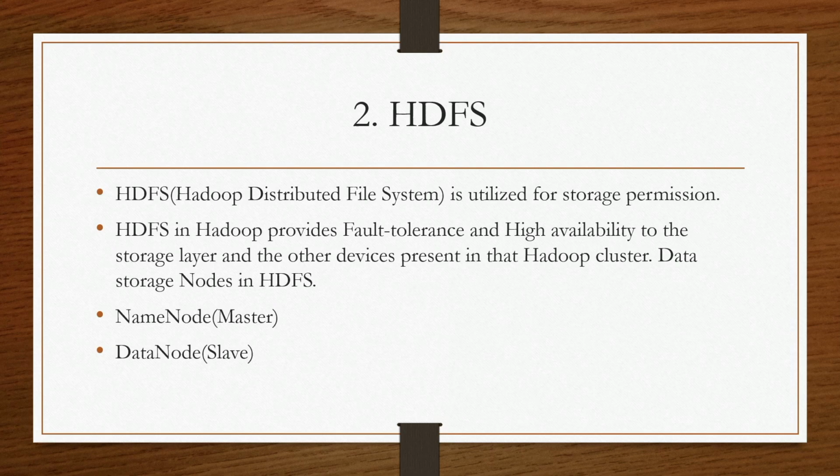HDFS in Hadoop provides fault tolerance and high availability to the storage layer and the other devices present in the Hadoop cluster. The data storage nodes in HDFS are the name node, which acts as a master node, and the data node, which acts as a slave node.